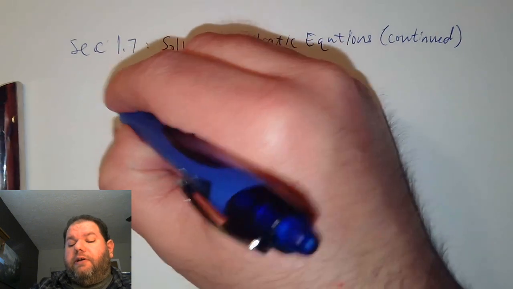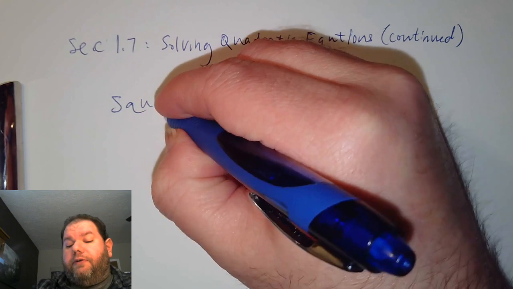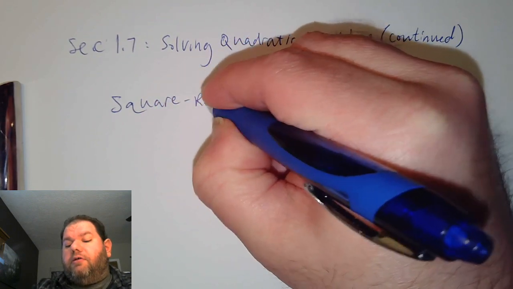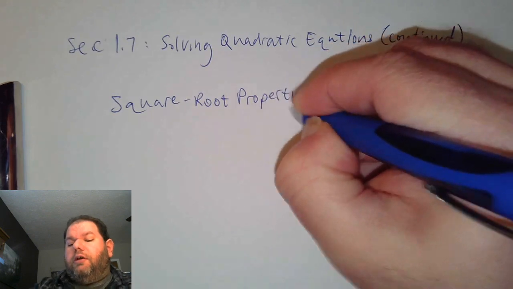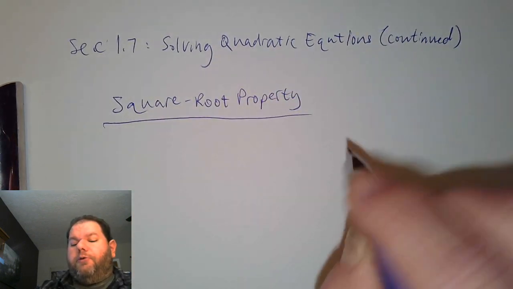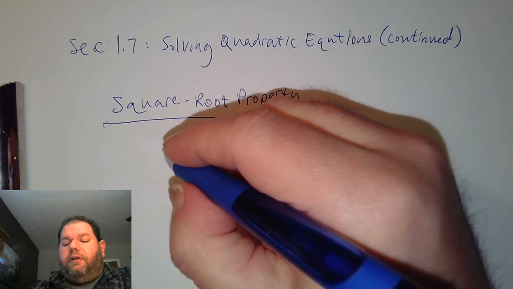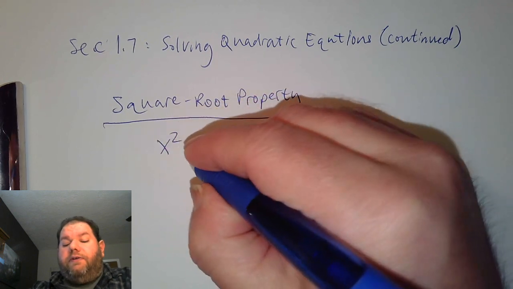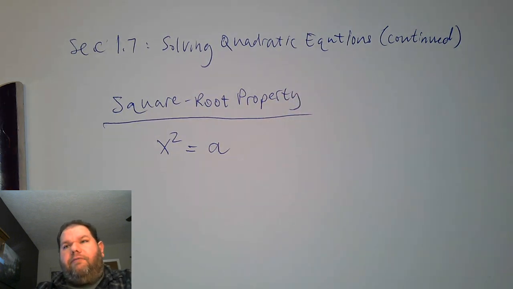So we're going to look at the square root method, or square root property, is what the book calls it. Other books call it the square root method, but it achieves the same goal. The idea here is that if we have an expression that is a perfect square, let's say we have x squared on one side of the equation equal to some number, and I'm just going to call it a to represent some number.